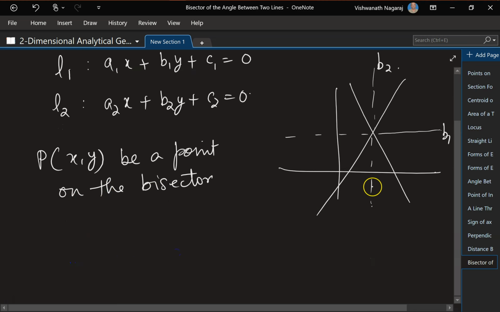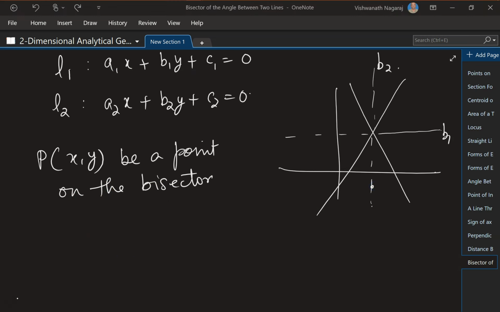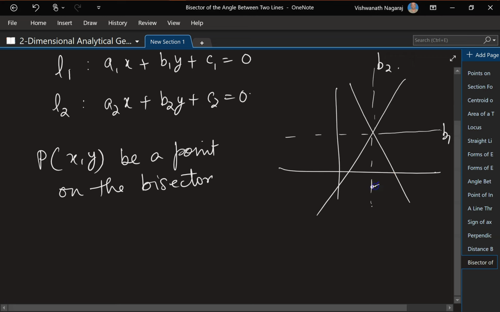If this is the point, then you will notice that the perpendicular distances from L1 and L2 to this point will be equal, and that we already know.